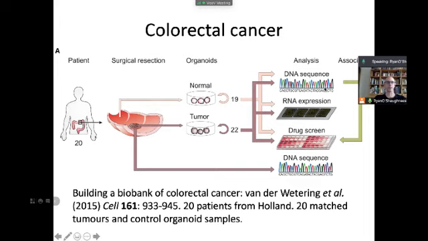And then we can perform on both of these, both the normal and the tumour, DNA sequencing, RNA expression, drug screens, and then compare these.